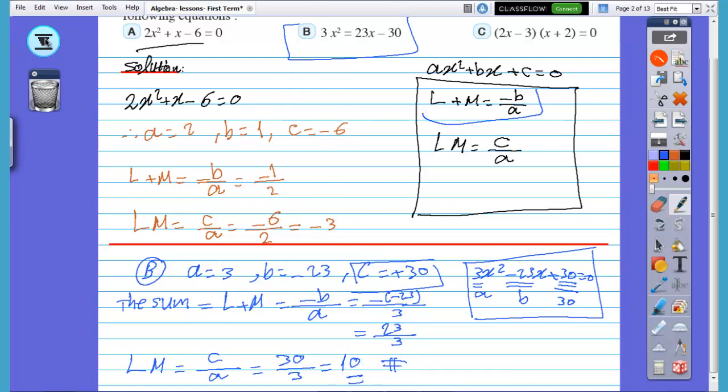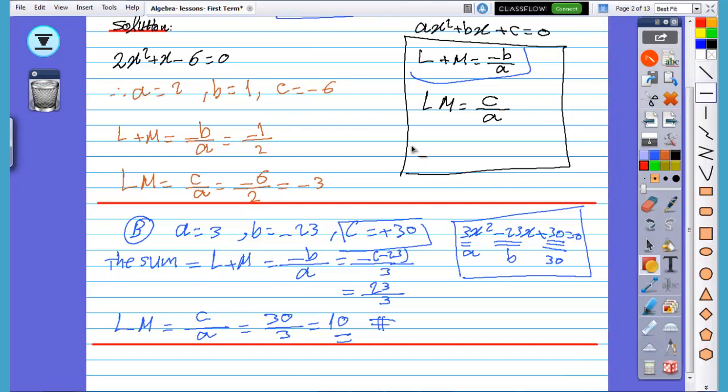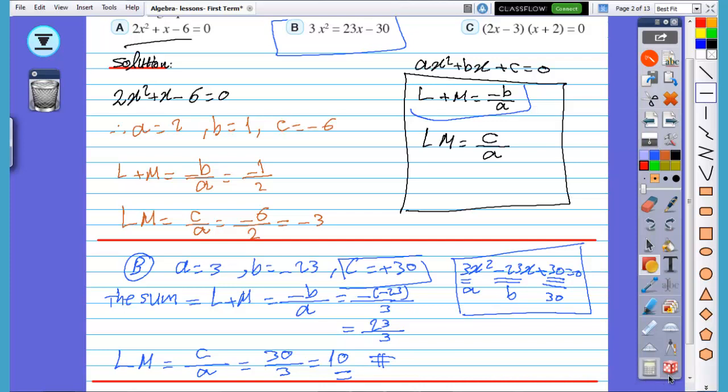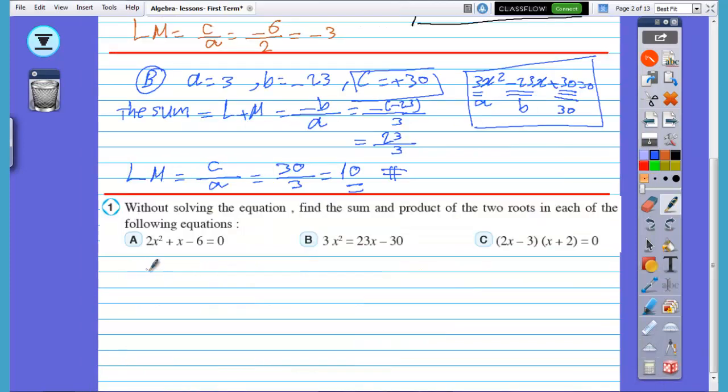Now we will solve letter C. The equation is 2x minus 3 multiply x plus 2. First we write the equation here. So in C we can deduce that 2x minus 3 equals 0 and x plus 2 equals 0.